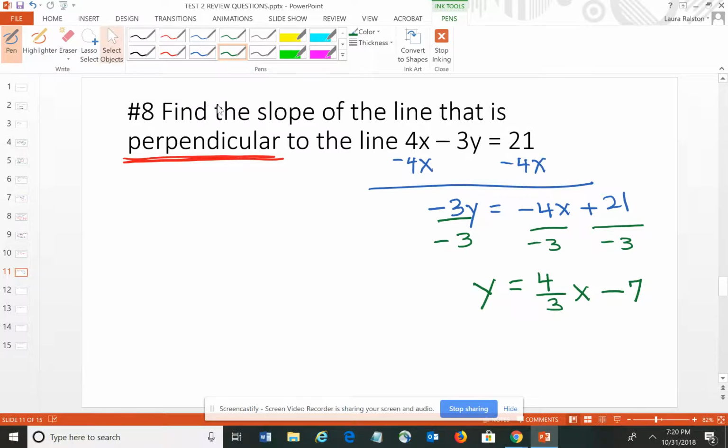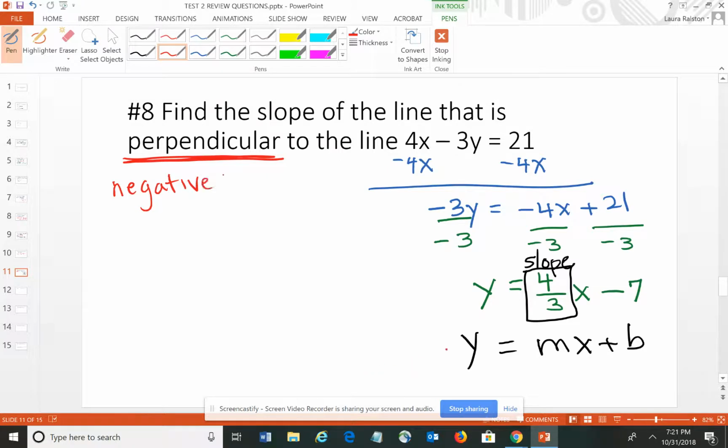I now have that equation in the form y equals mx plus b, and I can easily identify the slope as 4/3. But I don't want the slope of the given line. What I want is the perpendicular slope. What you have to remember is that lines that have perpendicular slopes, they are negative reciprocals of each other.